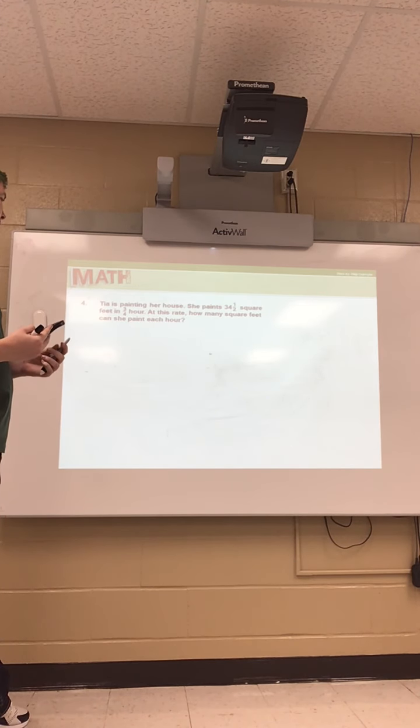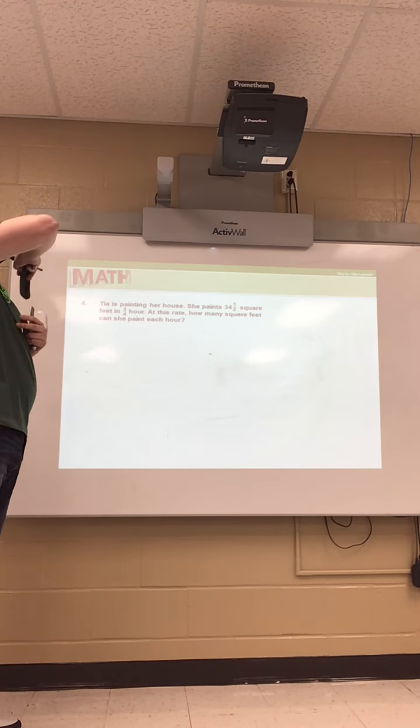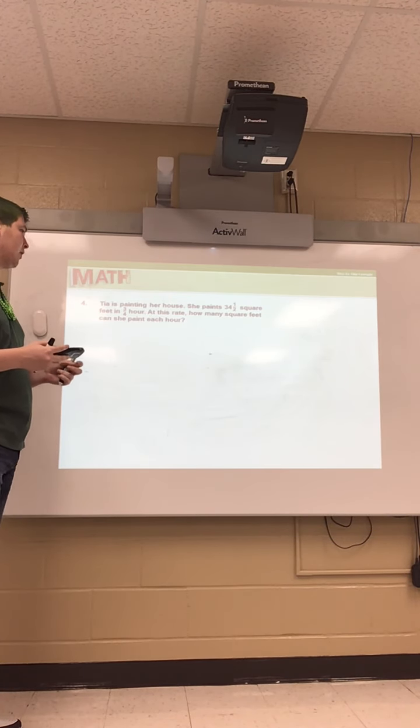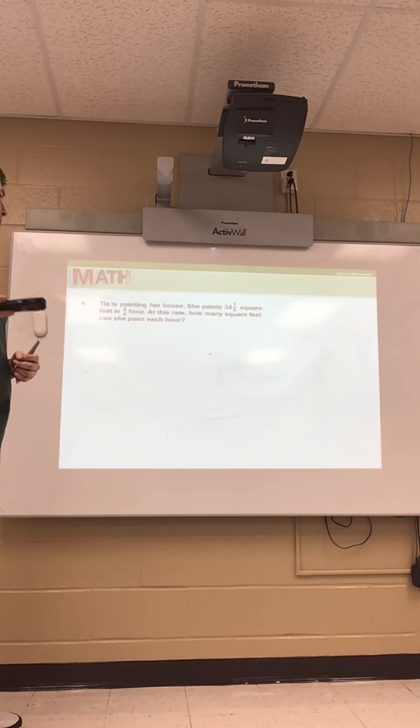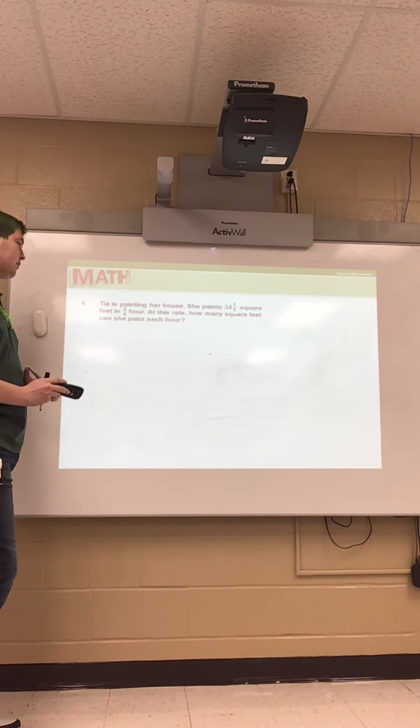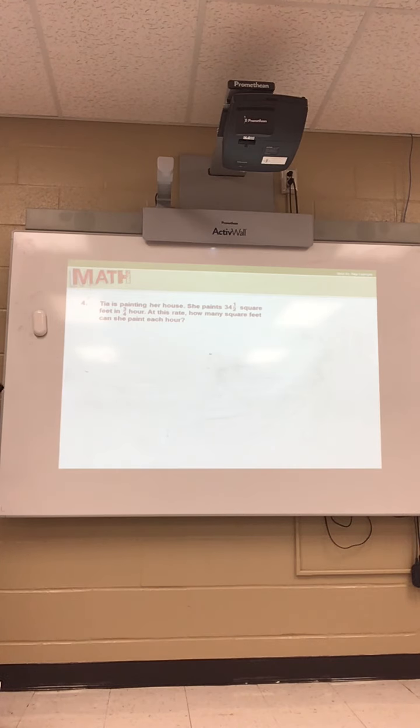Okay, so here's some extra practice for you. Tia is painting her house. She paints 34.5 square feet in 3/4 of an hour. At this rate, how many square feet can she paint each hour? Okay.